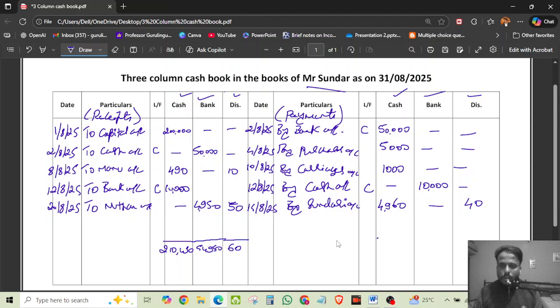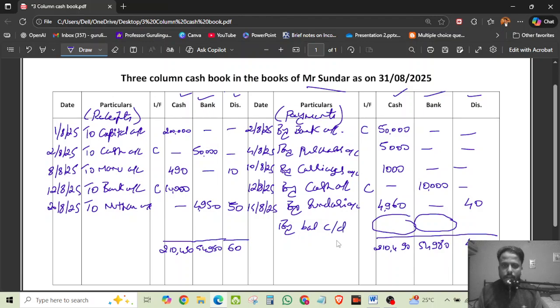The same totals you have to write on the credit side, that is 2,10,490 and 54,950, and you have to write the discount column. This balancing figure will not apply to the discount column, so only for the first two columns, bank and cash, we are doing the balancing activity.